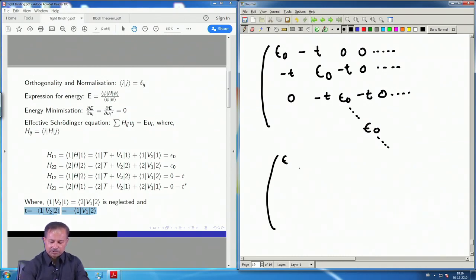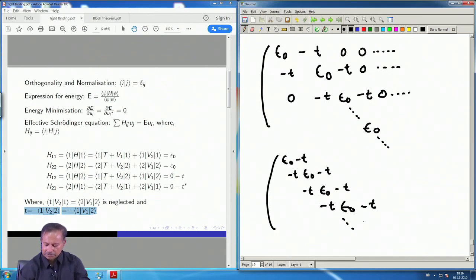It is epsilon naught along its diagonal and minus t along the off diagonals, just the 2 off diagonals. So, this will be epsilon naught, then minus t, and so on.